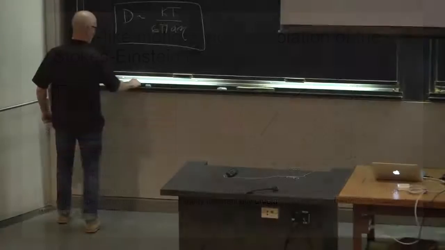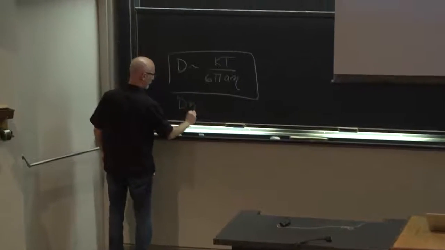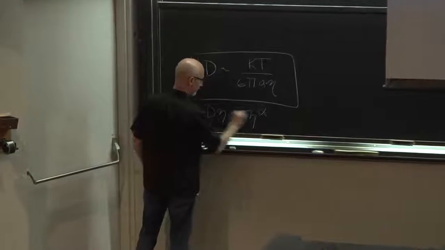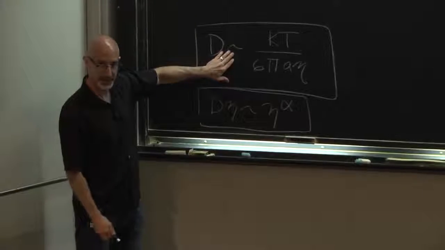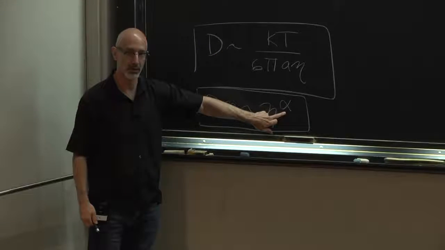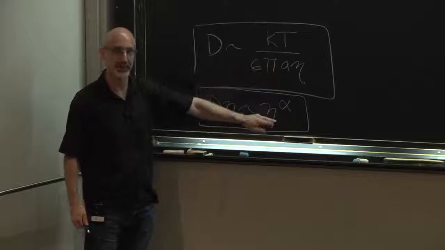So in principle, in a system where the Stokes-Einstein relationship holds, alpha would be 0, right? And I'm just ignoring the kT for a second.